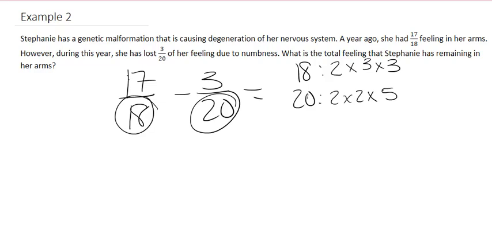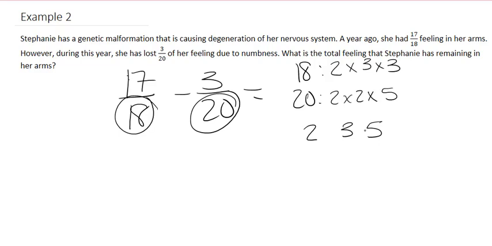So between these two numbers, let us write down all the unique numbers that appear. So we have 2, 3, and 5.